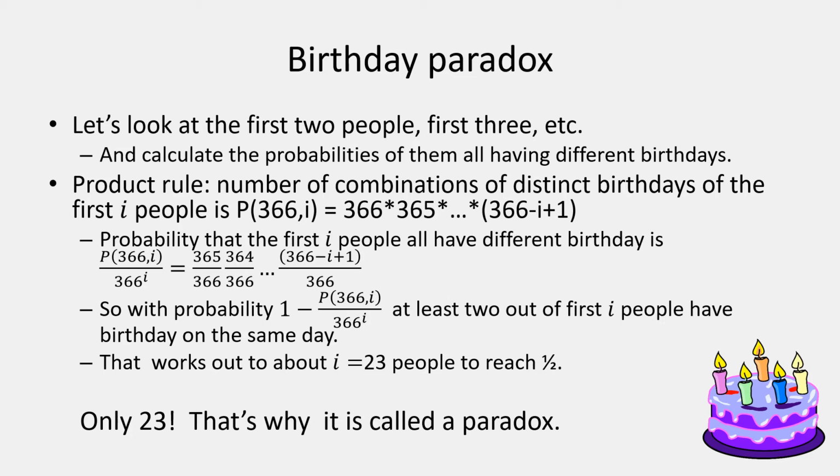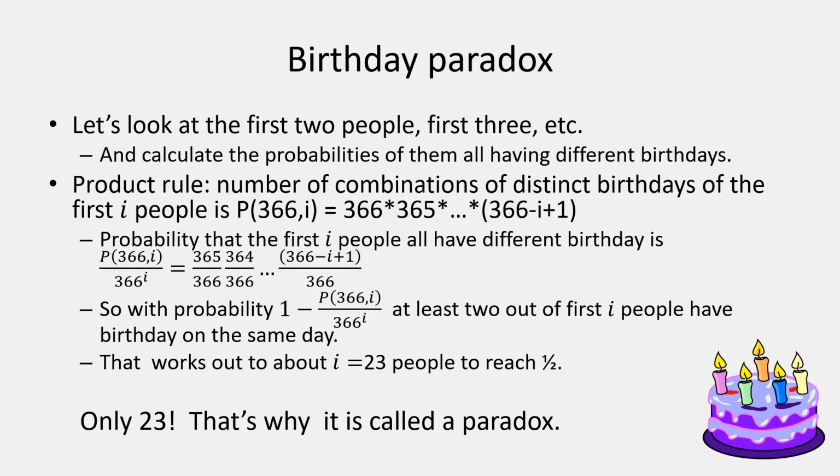So if you count the number of combinations of distinct birthdays of i people by permutations, we get 366 times 365 times and so on. For person i, it will be 366 minus i plus 1.